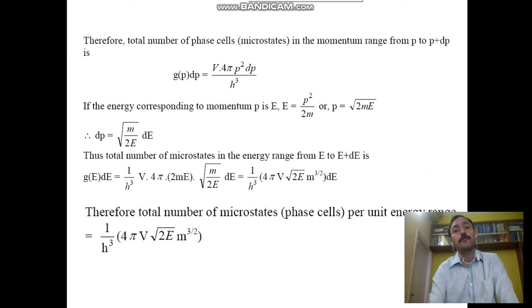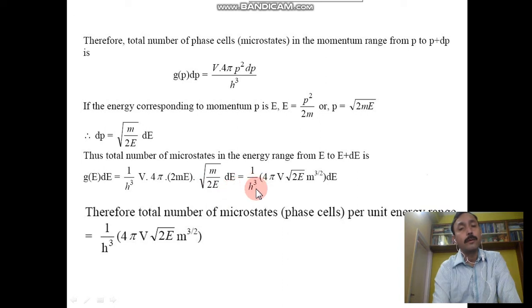If the energy corresponding to momentum p is E, then E is equal to p square by 2m, or p is equal to root over 2mE. If we differentiate, dp becomes root over m by 2E into dE. Thus, the total number of microstates in the energy range E to E plus dE is G(E)dE equal to 1 by h cubed times V times 4 pi, p square meaning 2mE and dp meaning root over m by 2E dE.